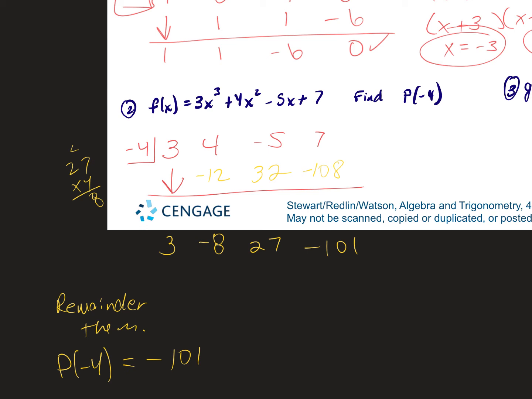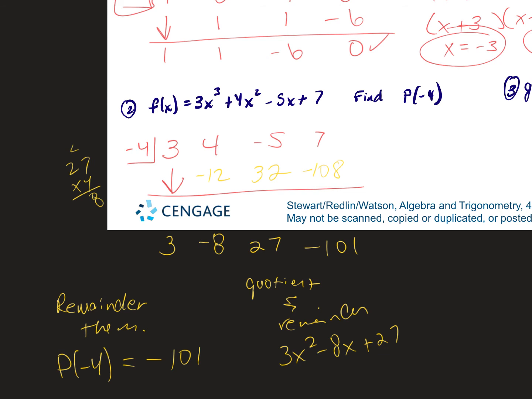If it said to divide and tell me the quotient and the remainder, what would your answer be? Hold on, quotient and remainder. 3x squared minus 8x plus 27, and then with your remainder, right?